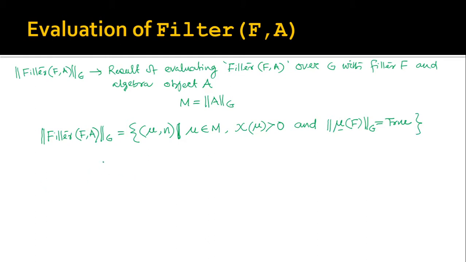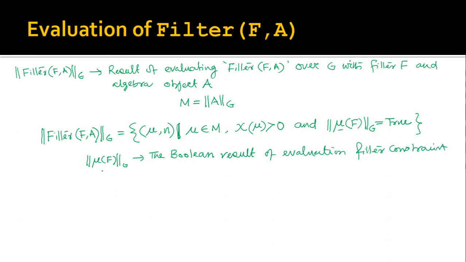And what is this? Basically, this mu f t is the Boolean result of evaluating the filter constraint or condition f over mu.